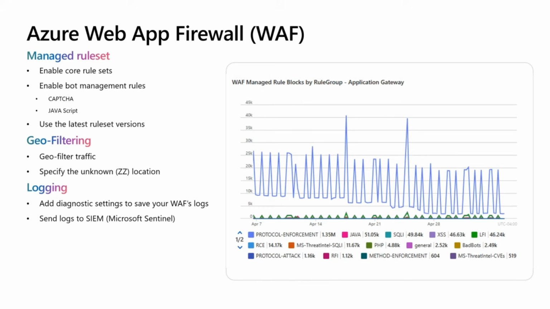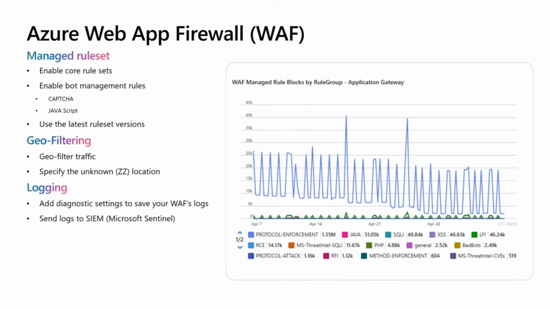Within geo-filtering, we also recommend using the unknown or ZZ location. Some IP addresses aren't mapped to locations within our WAF dataset. When an IP address can't be mapped to a location, the WAF assigns the traffic to the unknown country or region.